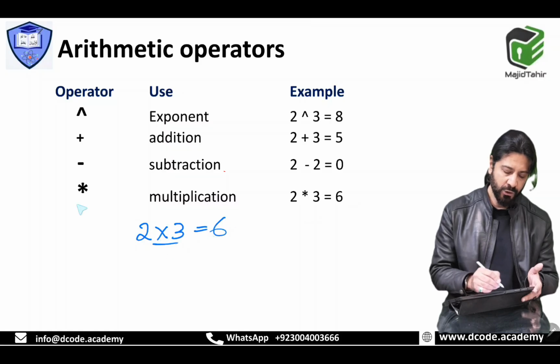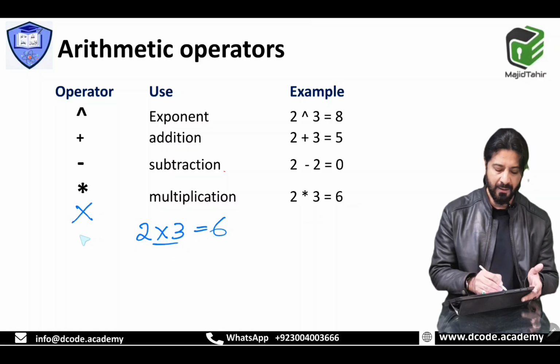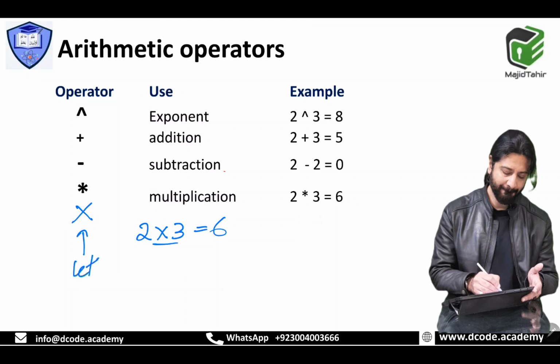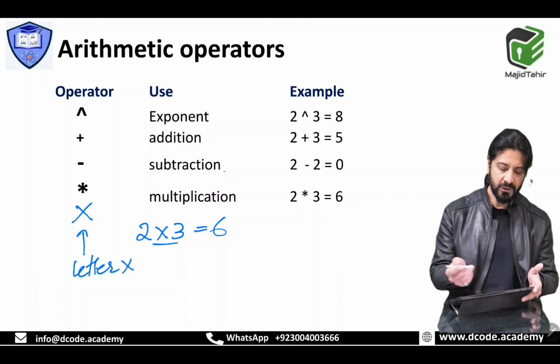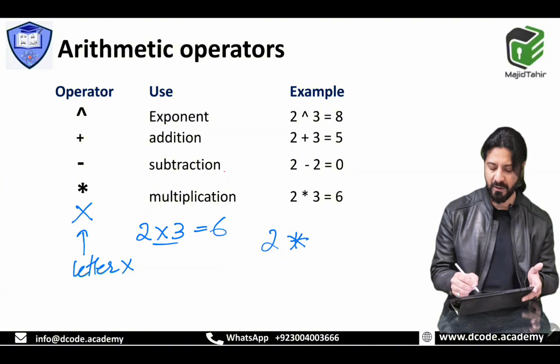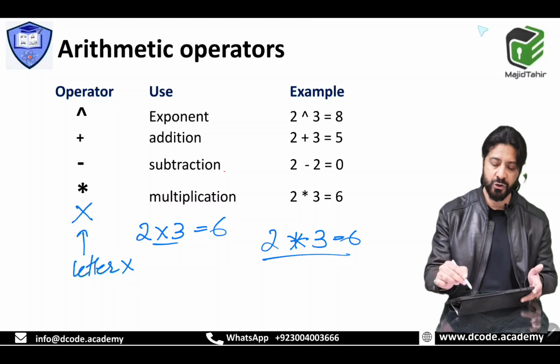So in maths we use multiplication with a cross, but we do not use this for multiplication in computer science, because this is used for the letter X in computers. So we use the asterisk instead. So 2 multiplied by 3 is given by 2 asterisk 3 is equal to 6. So the asterisk is used for multiplication.